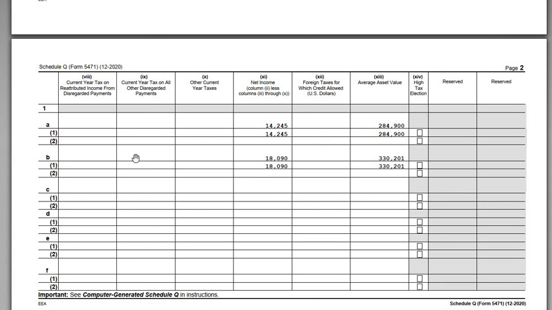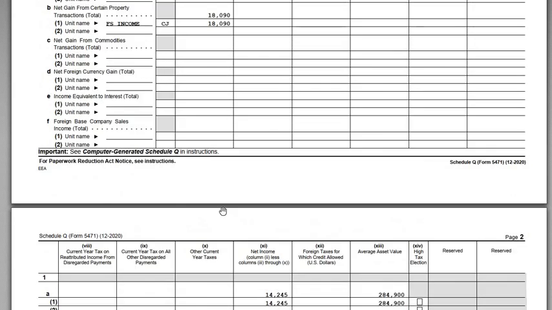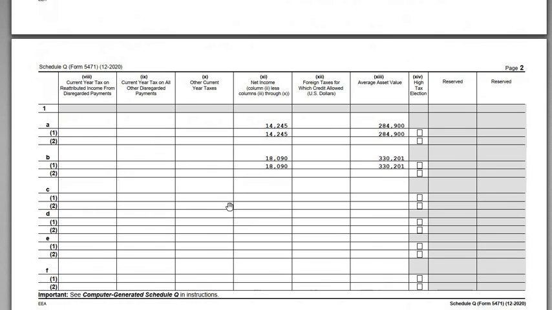So you've got to go through whatever you've entered here for those expenses and pick out, of these taxes that were paid by the foreign corporation or withheld at source, what types of foreign taxes are actually creditable, right? Very important, because not every foreign tax that's applied is creditable for U.S. federal income tax purposes.